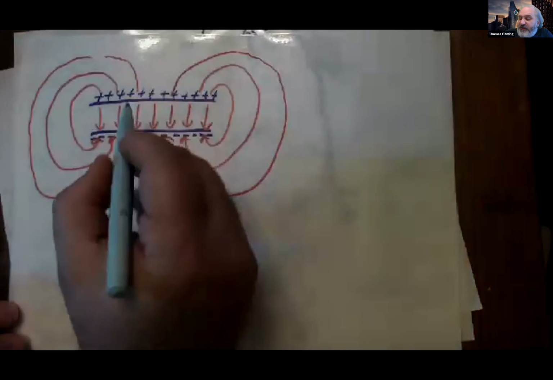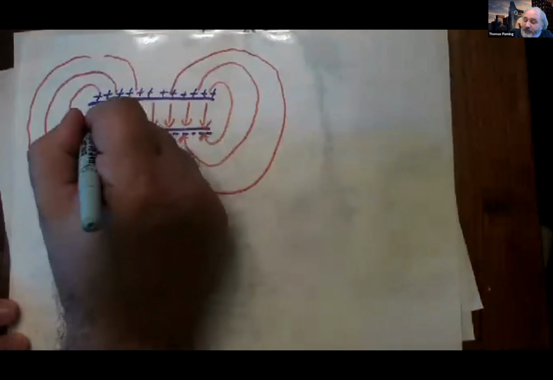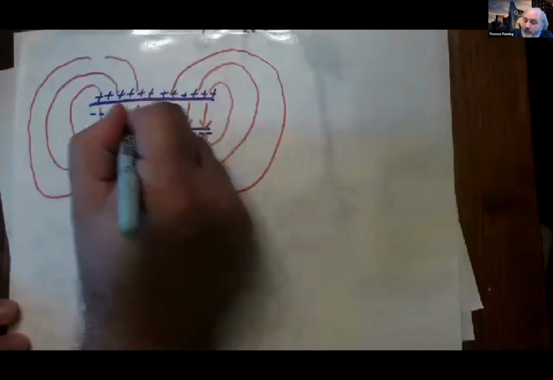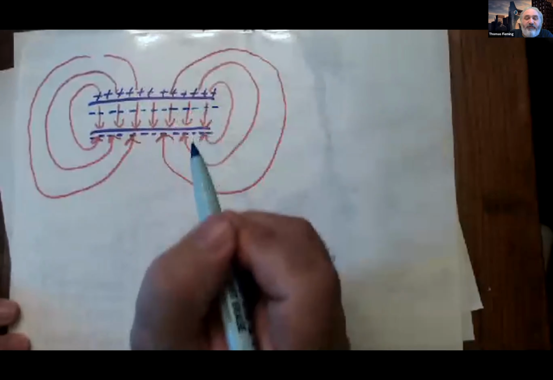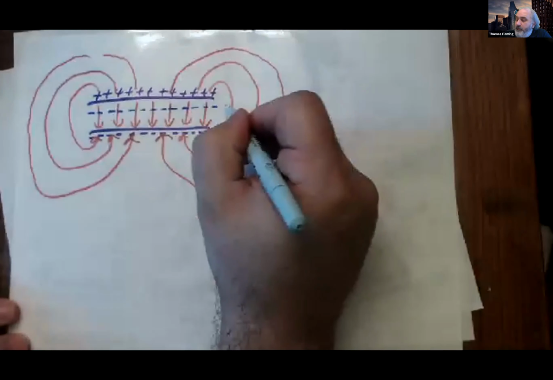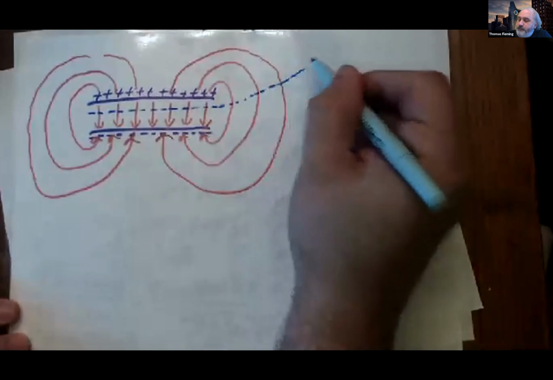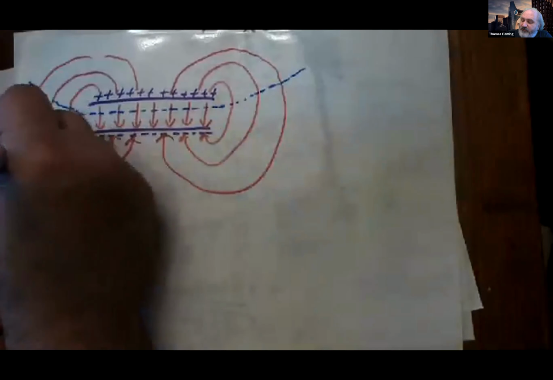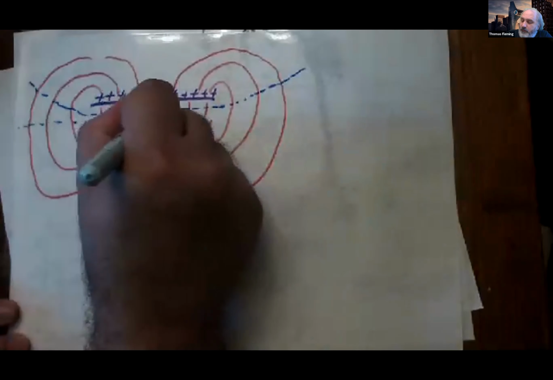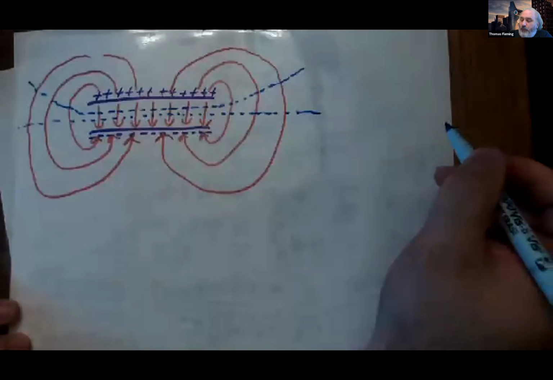So notice, since E always points straight down everywhere in the middle, my equipotential surfaces in blue would be this. But then what's going to happen is like straight down the middle, I'm probably going to have one.